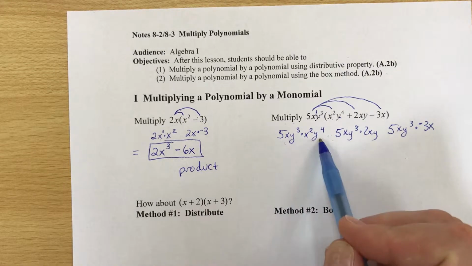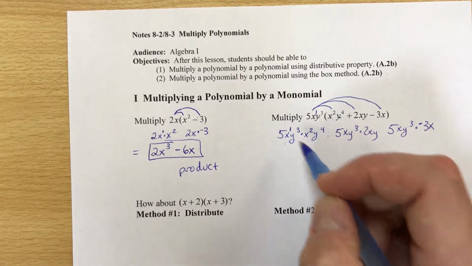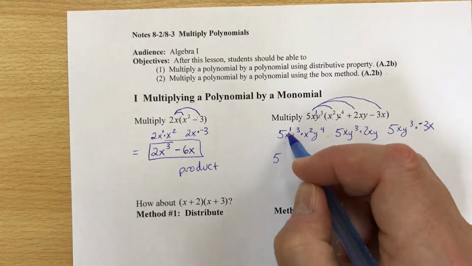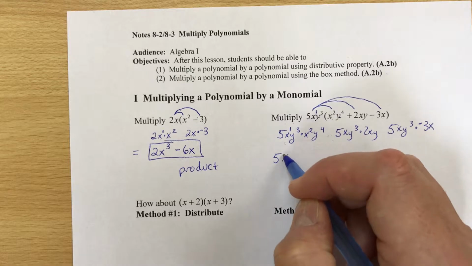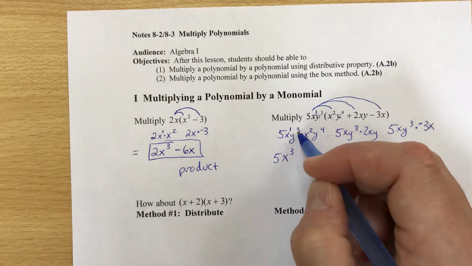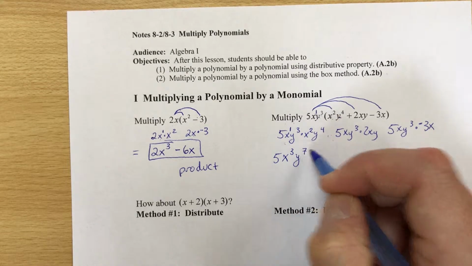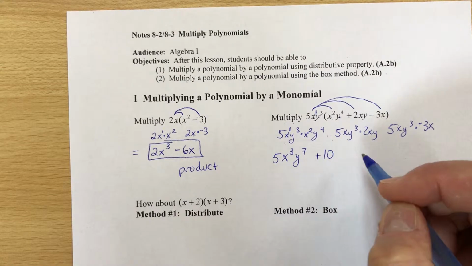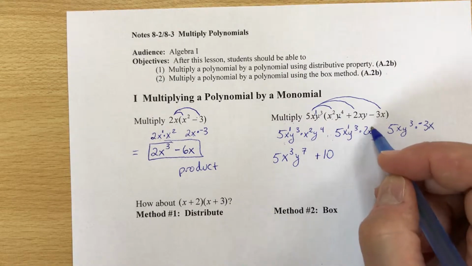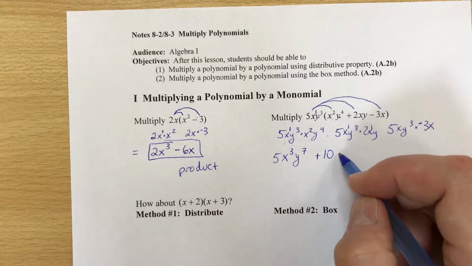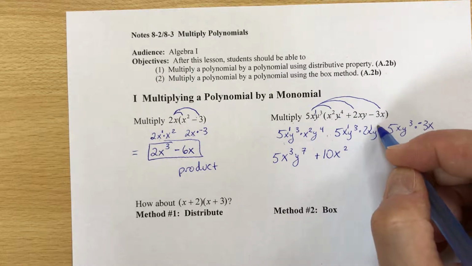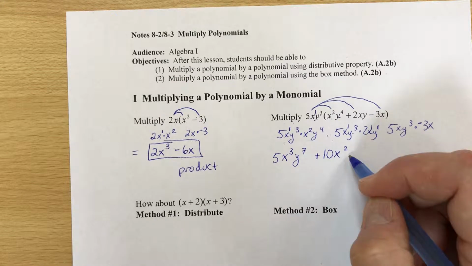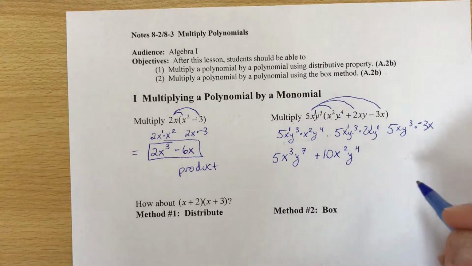So we multiply here, that's x to the 1. So we'll get 5, add the exponents for the x's, that's x raised to the third, y raised to the seventh. Now 5 times 2 is positive, so that's 10. x to the 1 plus 1 is x raised to the second. y raised to the 3 plus 1 is y raised to the fourth.